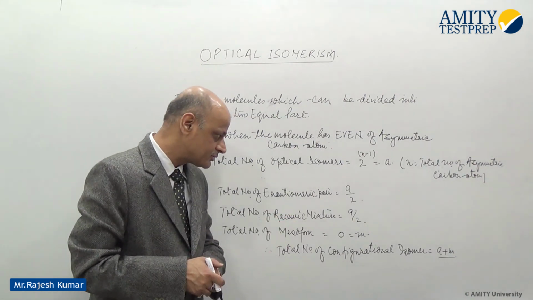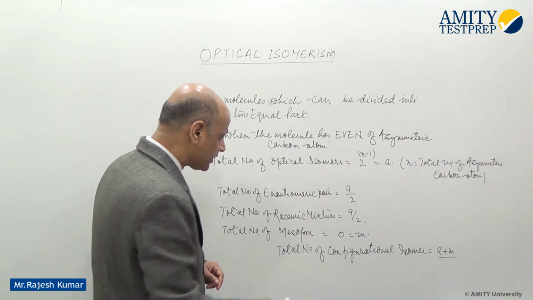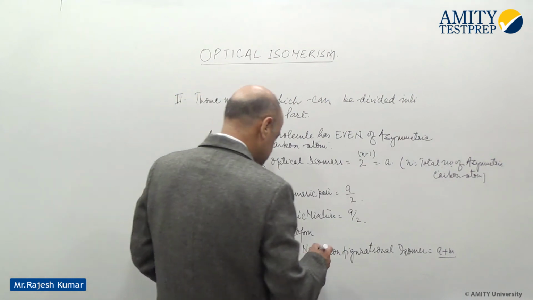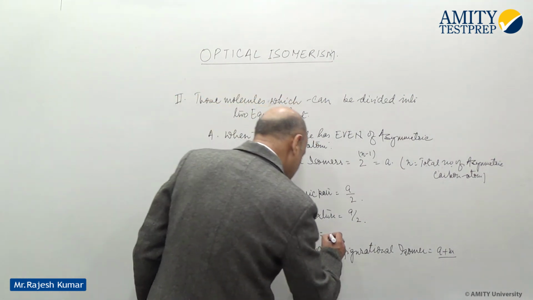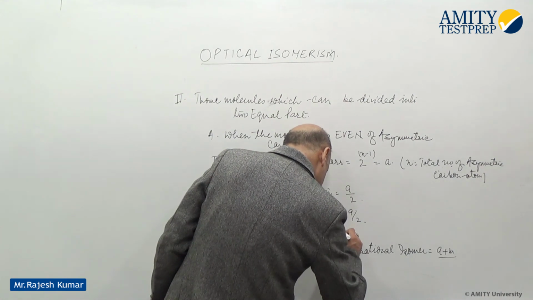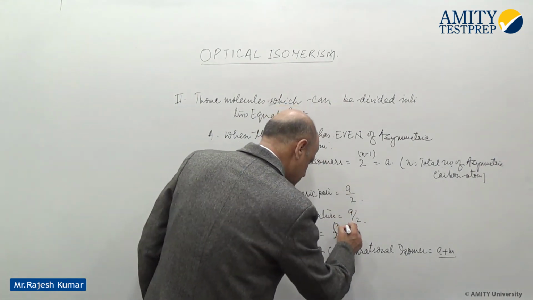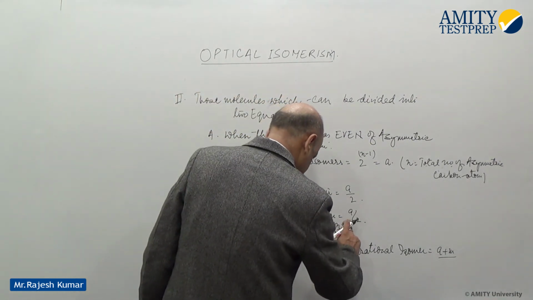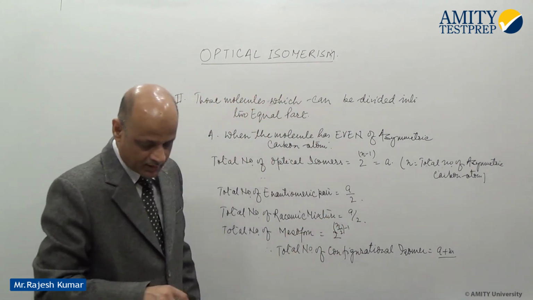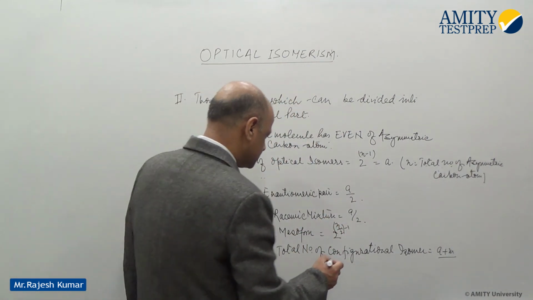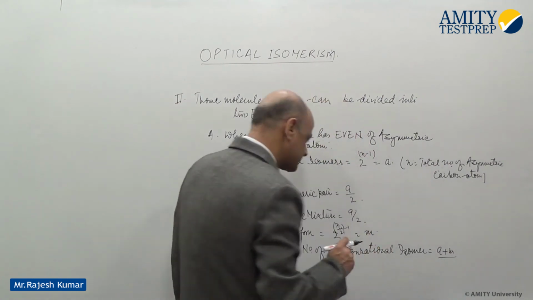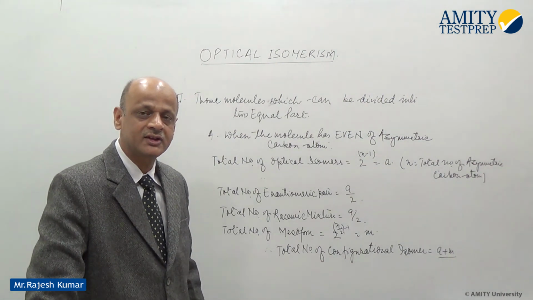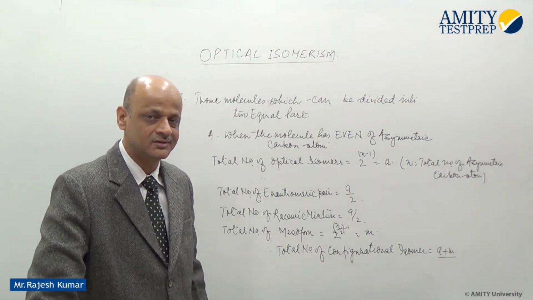The total number of racemic mixtures is equal to A by 2 as usual, but the total number of mesoform is equal to 2 raised to the power n by 2 minus 1, which is equal to m, and the total number of configurational isomers is equal to A plus m. So in this very case, the total number of optical isomers has been changed and the total number of mesoform has also been changed here.